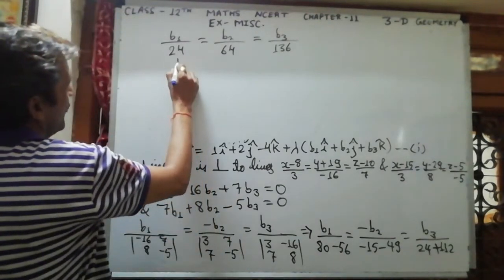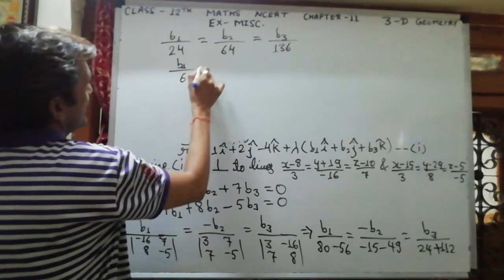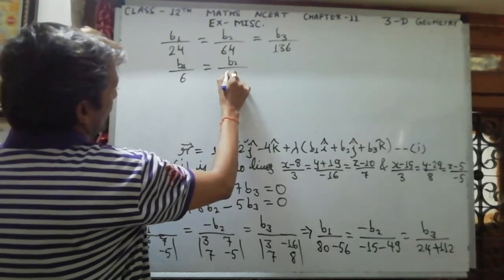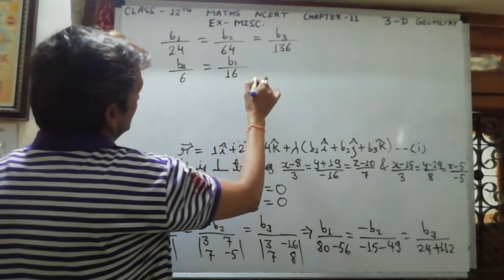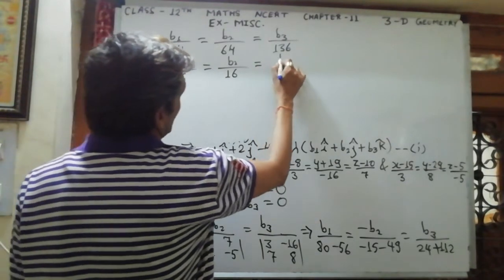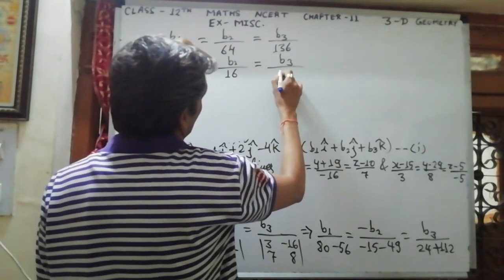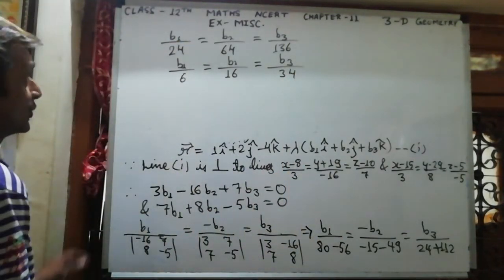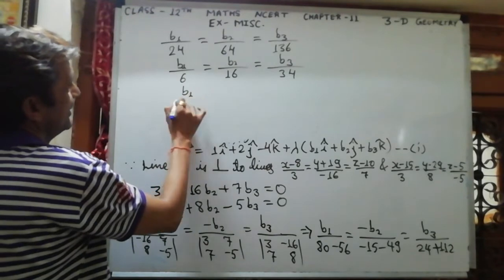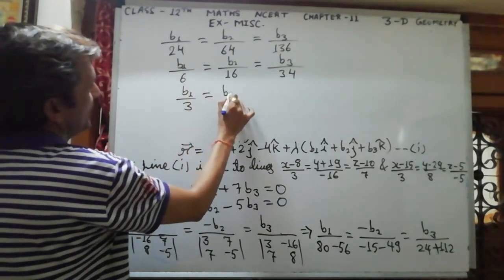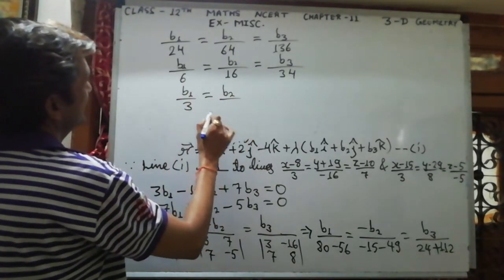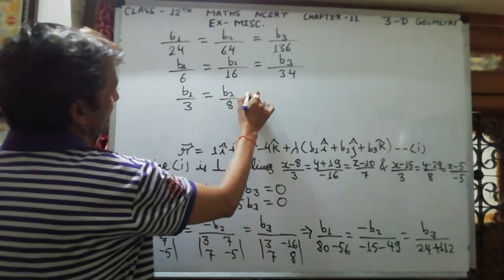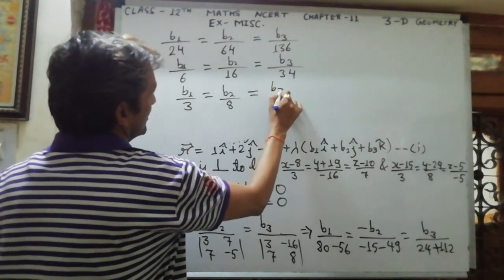Let us divide it by 4. So it will become b1 upon 6 equal to b2 upon 16, equal to b3 upon 34. Again it may be divided by 2. So b1 upon 3 equal to b2 upon 8 equal to b3 upon 17.